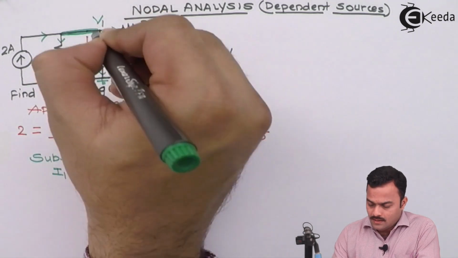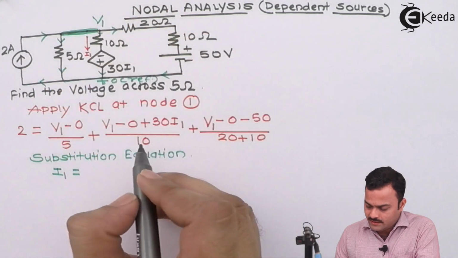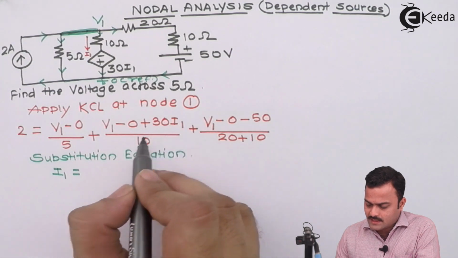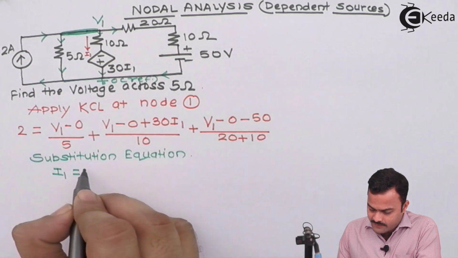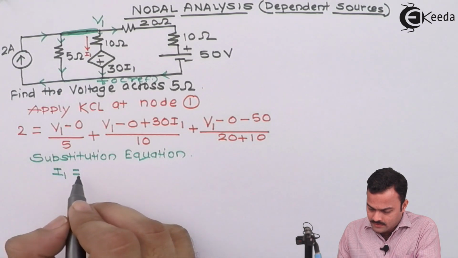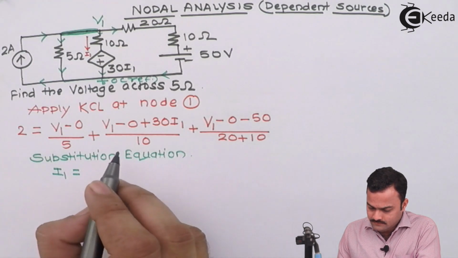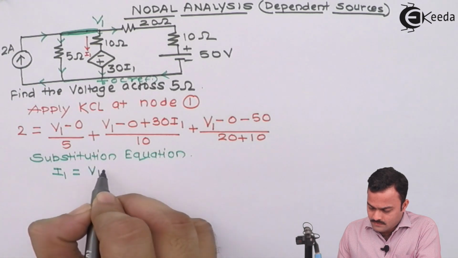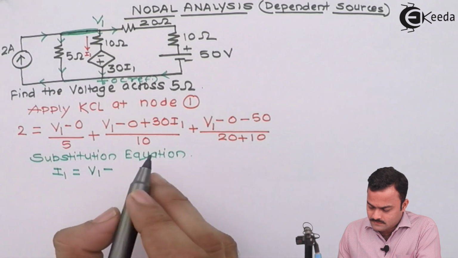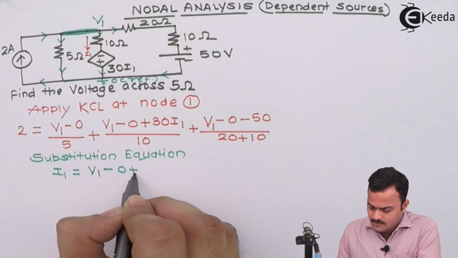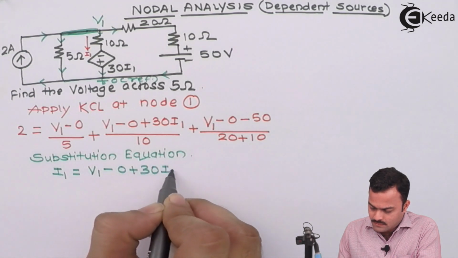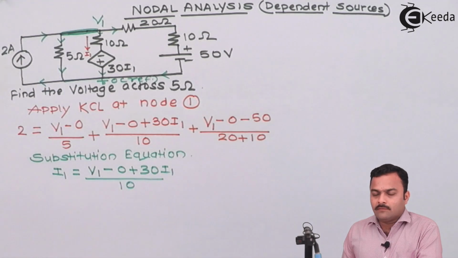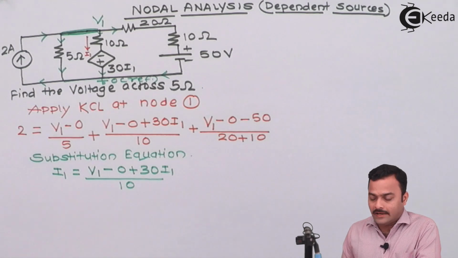For this 10 ohm, we have written an equation: V1 minus 0 plus 30 I1 divided by 10. So once again I will write this I1 as V1 minus 0 plus 30 I1 divided by 10. Remember, we need to eliminate I1.